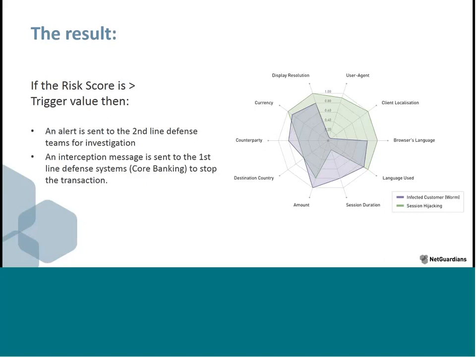The username and the password are okay, the transactions are fine. But if you analyze the behavior of that customer, you probably understand from the characteristics you are seeing on this spider web that the amount is high, the language could be different, the IP connection could be from a different country, this is probably a new counterparty, and the destination country is a high-risk country. Therefore, freeze that transaction, as much as the username and password look fine.